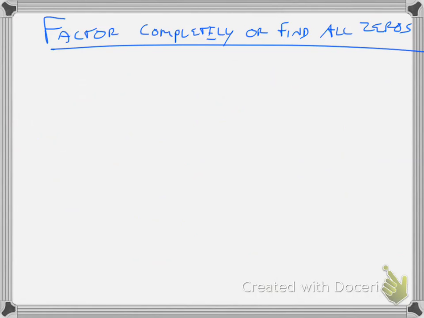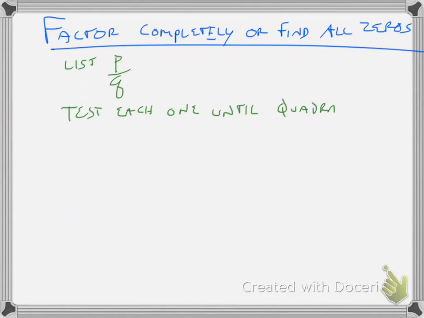And to factor completely or find all the zeros, you would need to list your P over Q. If you can't just factor a quadratic, or if you can't factor anything out, or you can't do factor by grouping, you list all your possible rational zeros and then test each one until you can get it to possibly a cubic that could be factored by grouping, or you get a quadratic, and you could factor that.